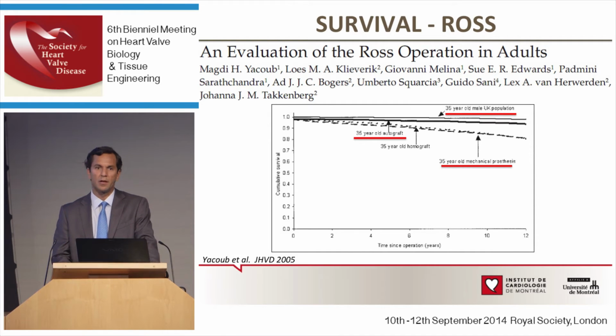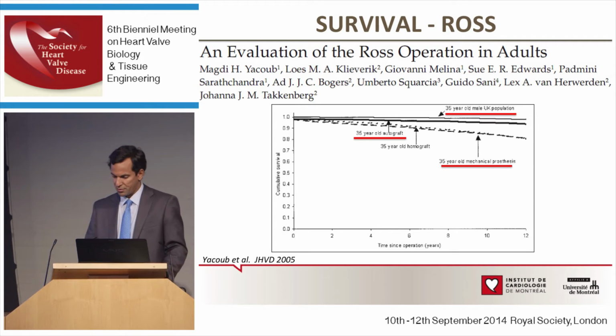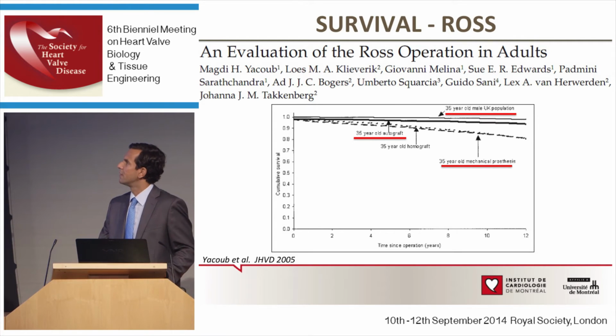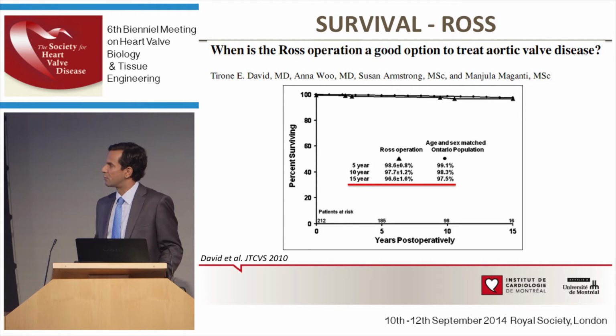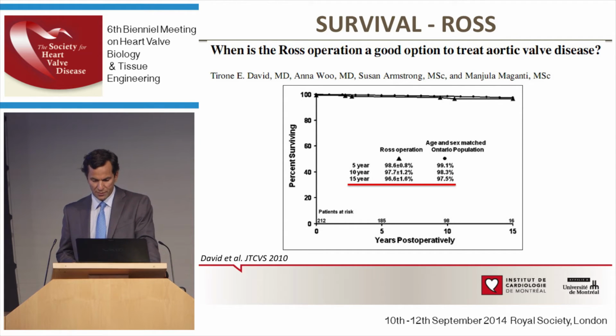And since then, many groups have analyzed their long-term results following this operation. And I'll just show you briefly a few of these studies. This is another study from the Toronto group looking at 212 patients. The mean age was 42 years of age.